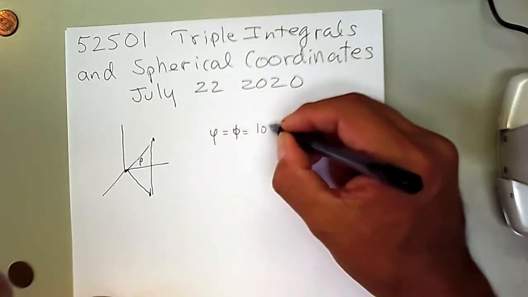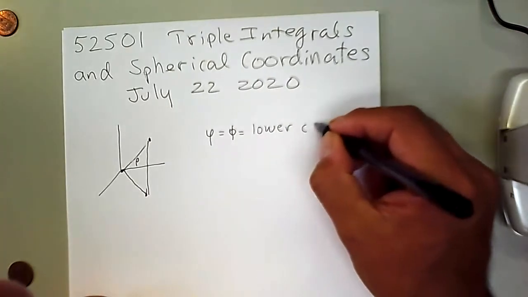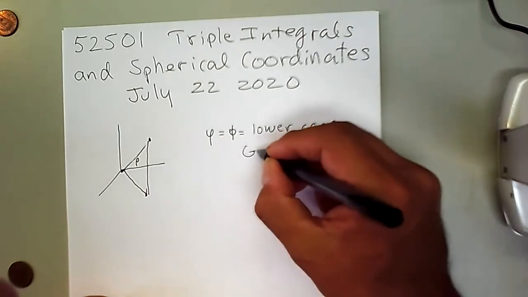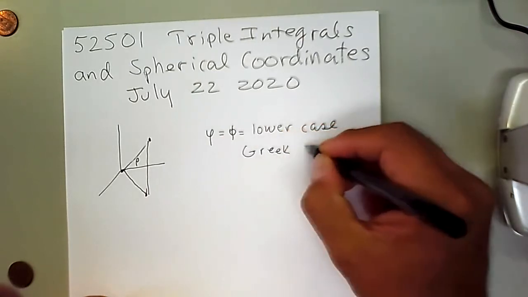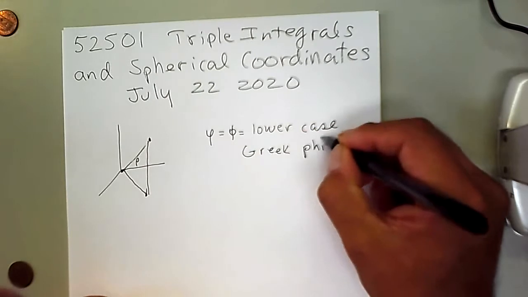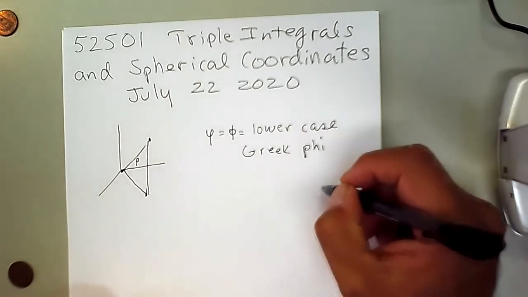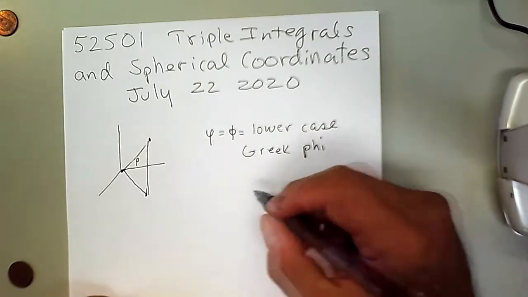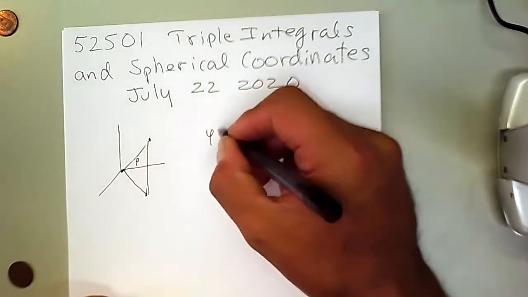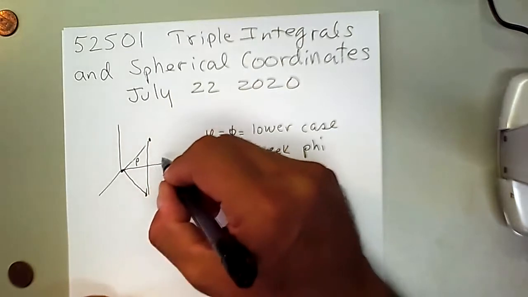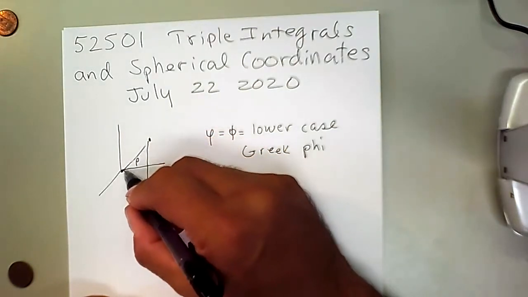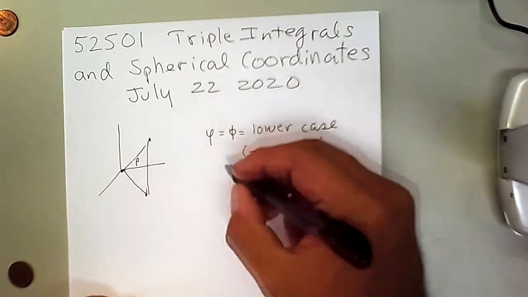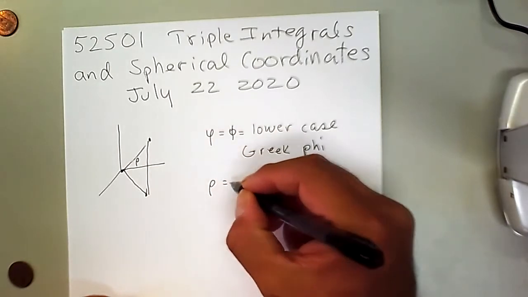This is the lowercase Greek letter I call phi. A lot of people call it phi. I don't think it makes much of a difference. And rho, you are familiar with rho.